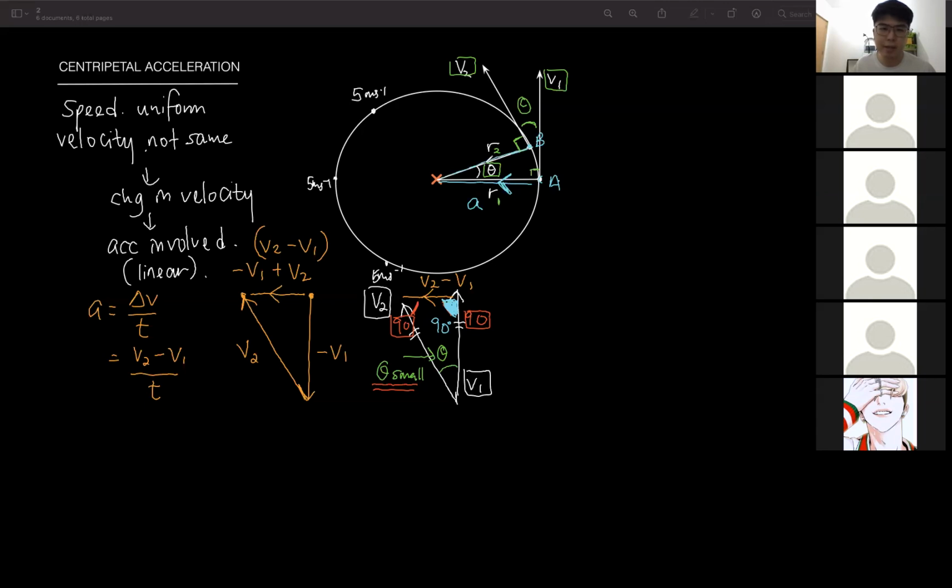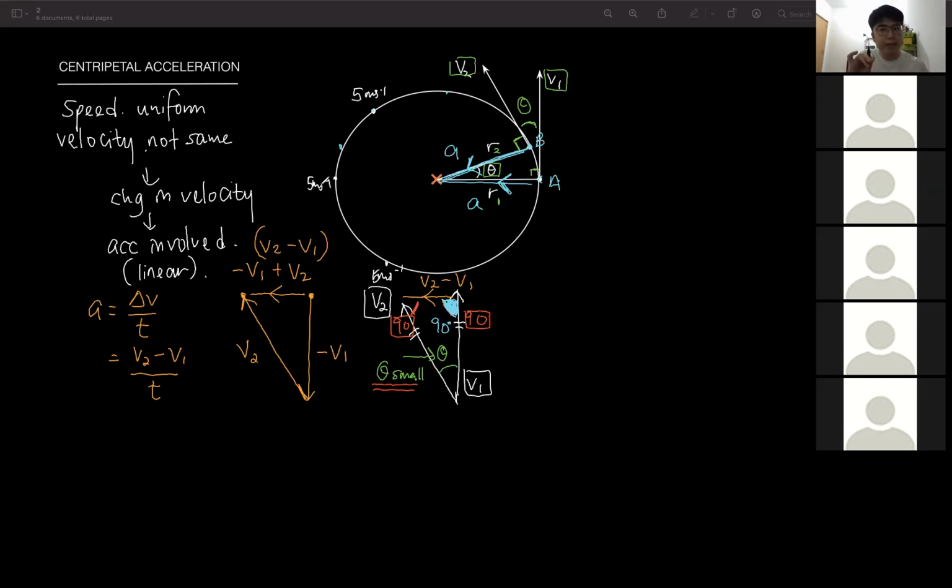Again, it's along this line. At every point on the circle, the acceleration is pointing towards the center, regardless of the position. The acceleration vector is always pointing towards the center. That is why we call it centripetal acceleration.